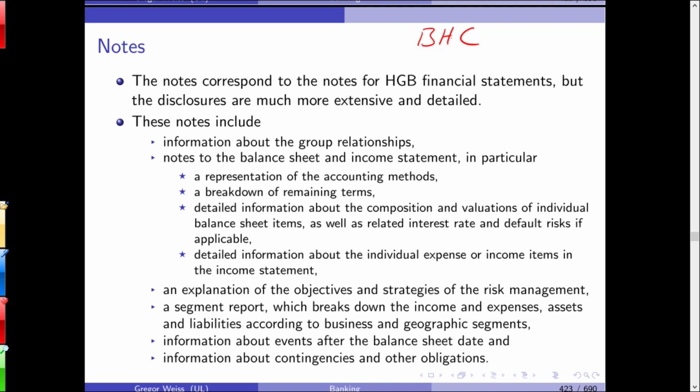Now this is important because it is quite difficult, especially for supervisors, to see the full extent the bank is doing business in if you only look at the holding company. So as a supervisor, you need to have information on the group structure. Why?